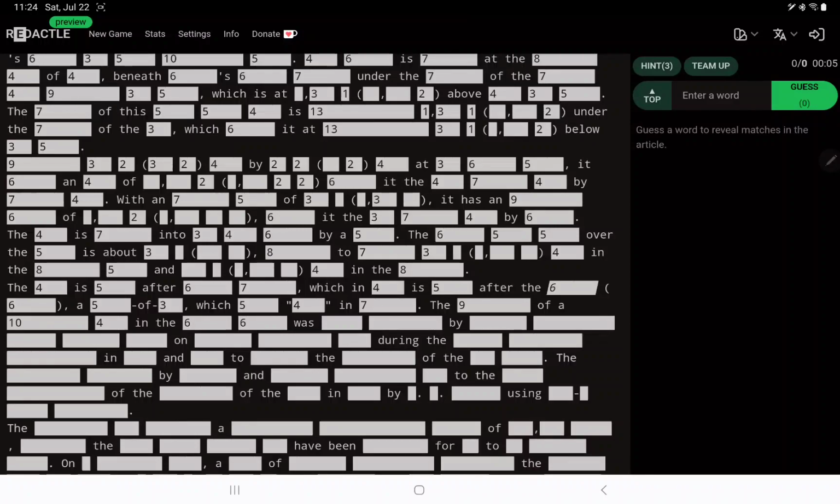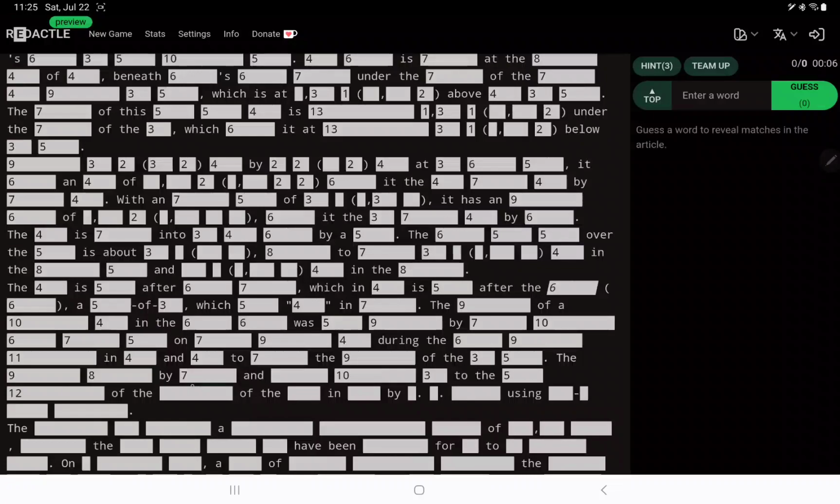The 9 of a 10-4 in the 6-6. The existence of a something lake in the something was first suggested, proposed by 7-10-6-7-5 on 7-9-4 during the 6-9-11, and something to blank the discovery of the 3-5.